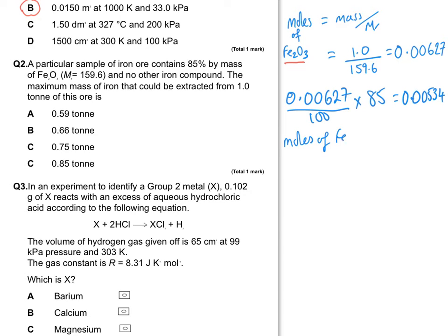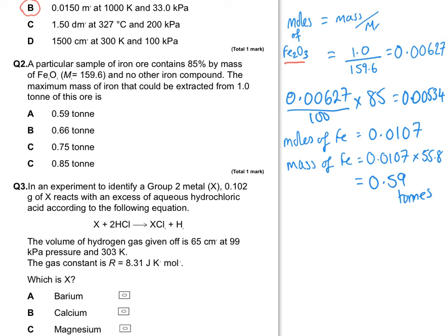So the moles of iron are going to be double the last answer. Then we want to work out the mass. So we're just going to times that by the relative atomic mass, which is 55.8. Which gives me an answer of 0.59 tonnes. So the answer is A.